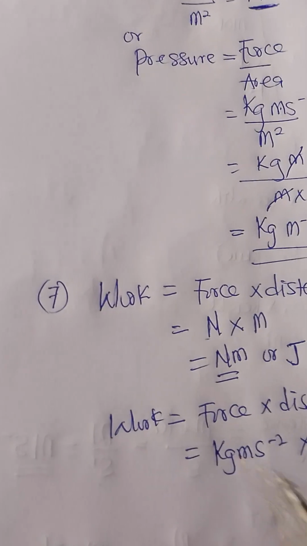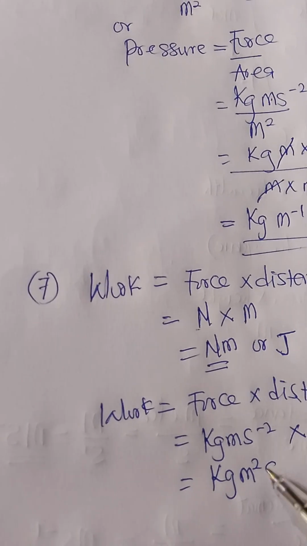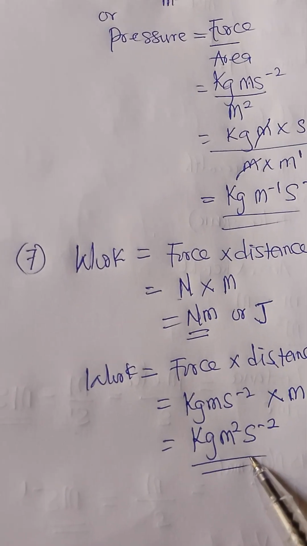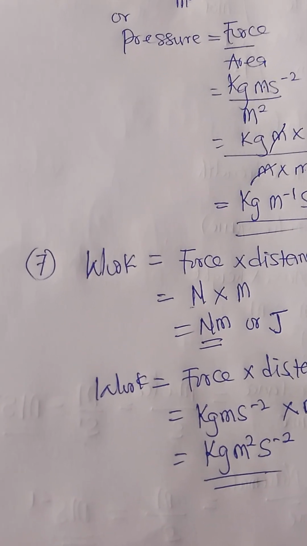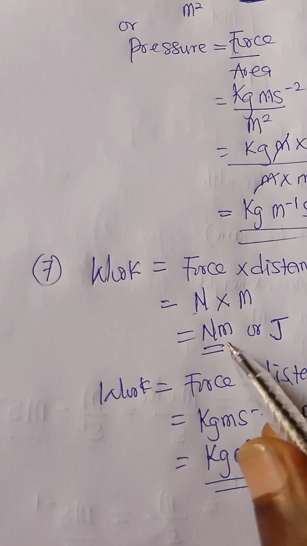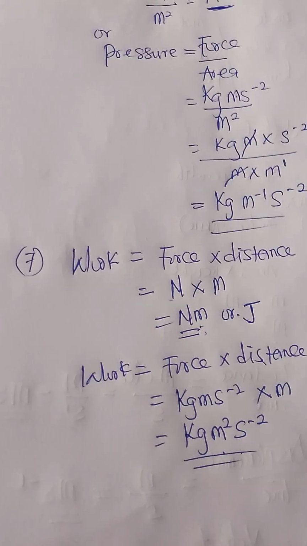So this will multiply this to give you kilogram meter square per second square. So kilogram meter square per second square is unit for work. So work is having three main units: kilogram meter square per second square, Newton meter, or joule. So these are unit for work.